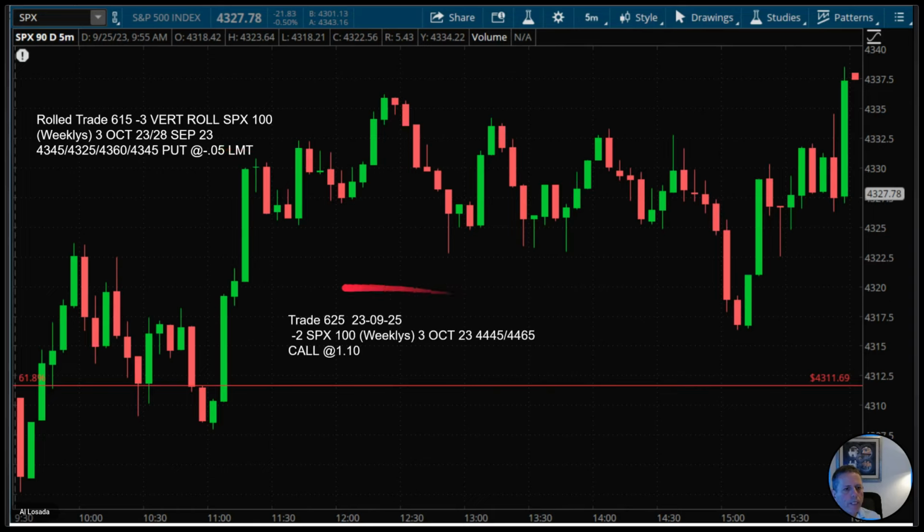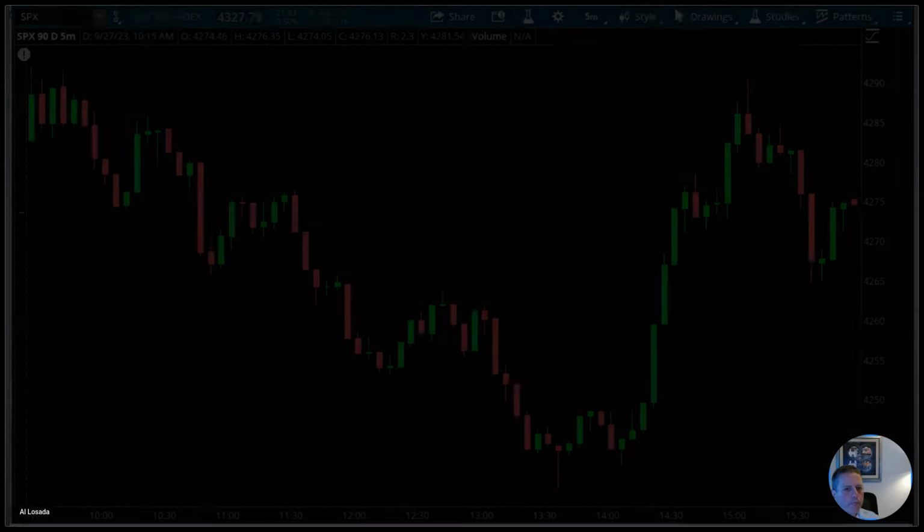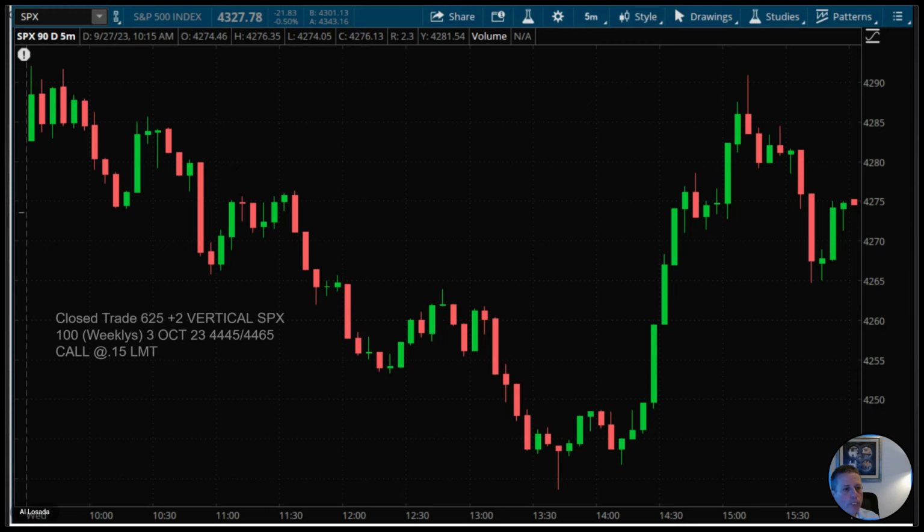And then we collected $1.10 for the call spread. And now we put on a put spread for 60 cents. And now we have $2.95. Okay, so you can see that premium moving up in all the rolls that we were doing.